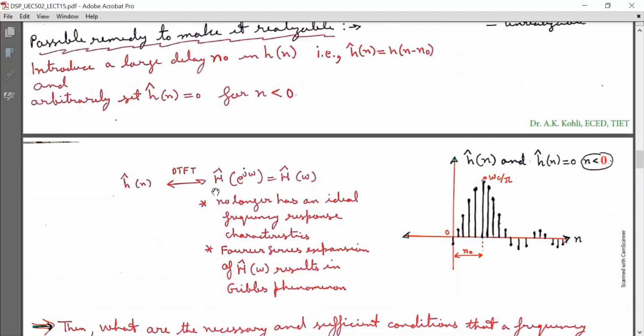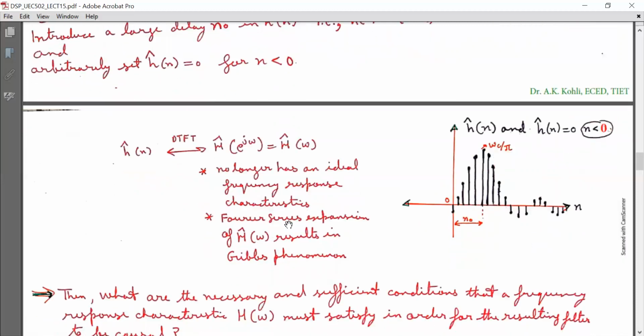The DTFT of h cap(n) is h cap(e raised to j omega), equal to h cap(omega). It no longer has ideal frequency response characteristics.